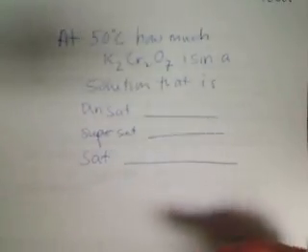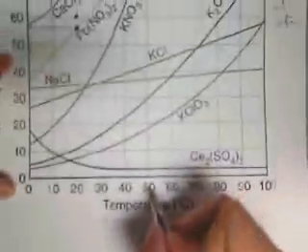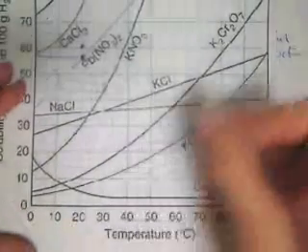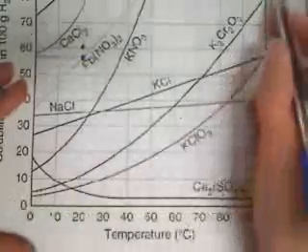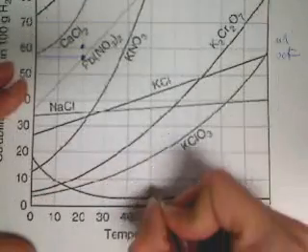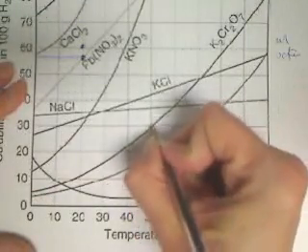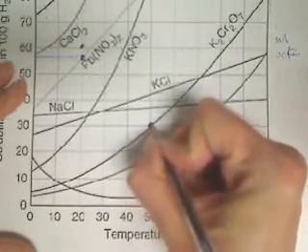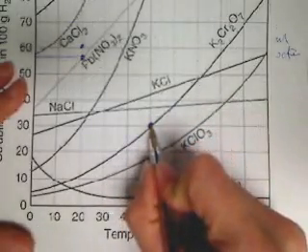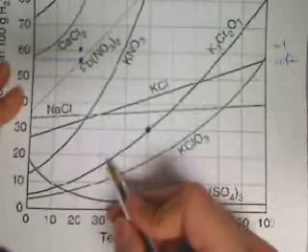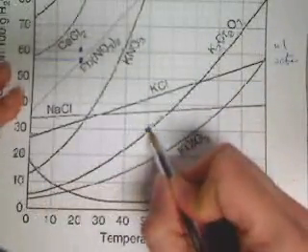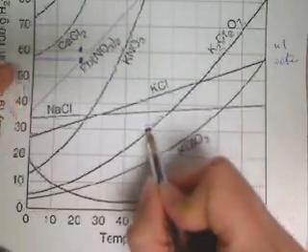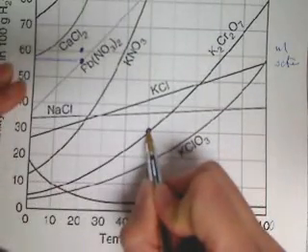So let's look at our chart. The first thing is it's at 50 degrees, so let's find the 50 degrees. This is our line right here for potassium dichromate. I'm going to follow this line up and put a dot right here. Feel free to mark on your charts when you have them. If it's on the line, it represents the point of saturation. This is at exactly 30 grams.